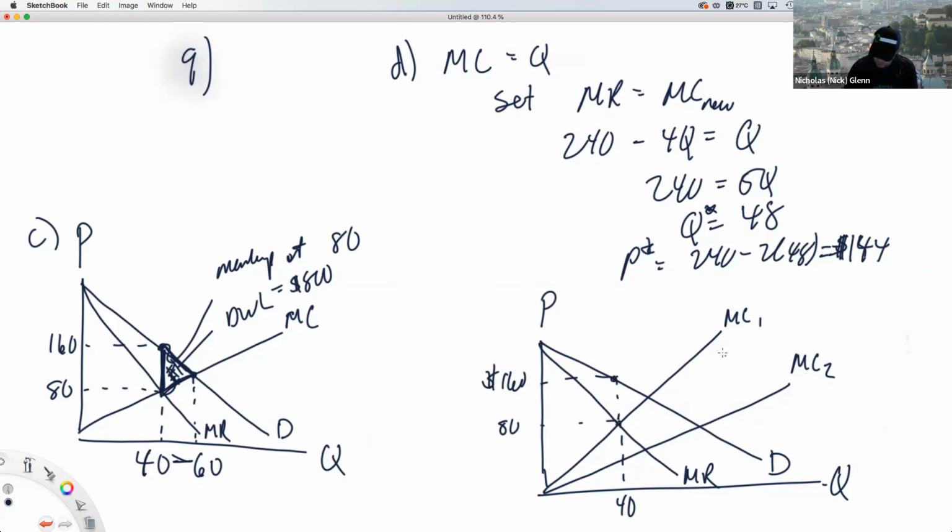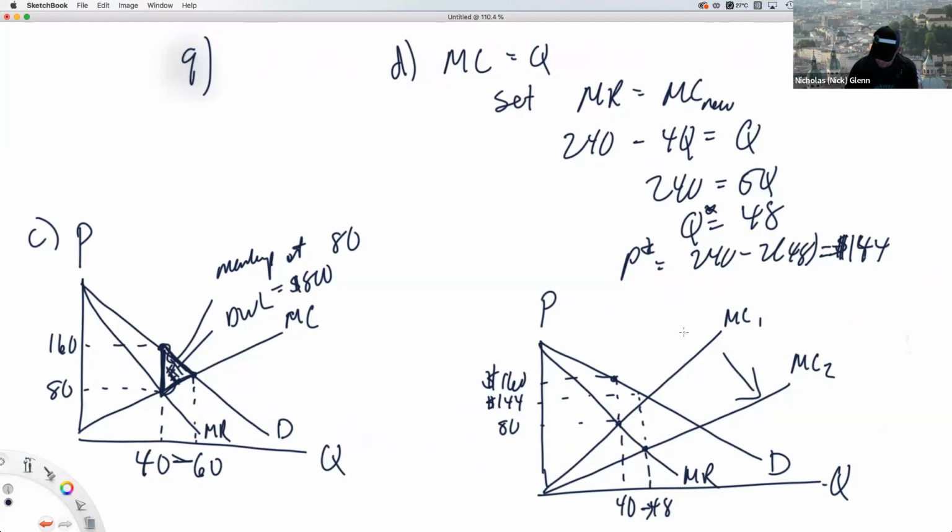But then with the marginal cost dropping, well, what happens? This intersection with marginal revenue equals marginal cost is lower. But more importantly, there's an increase in production. Well, what about the price? Well, the price is lower as well. So you can see there's a larger surplus now, due to this increase in productivity here.